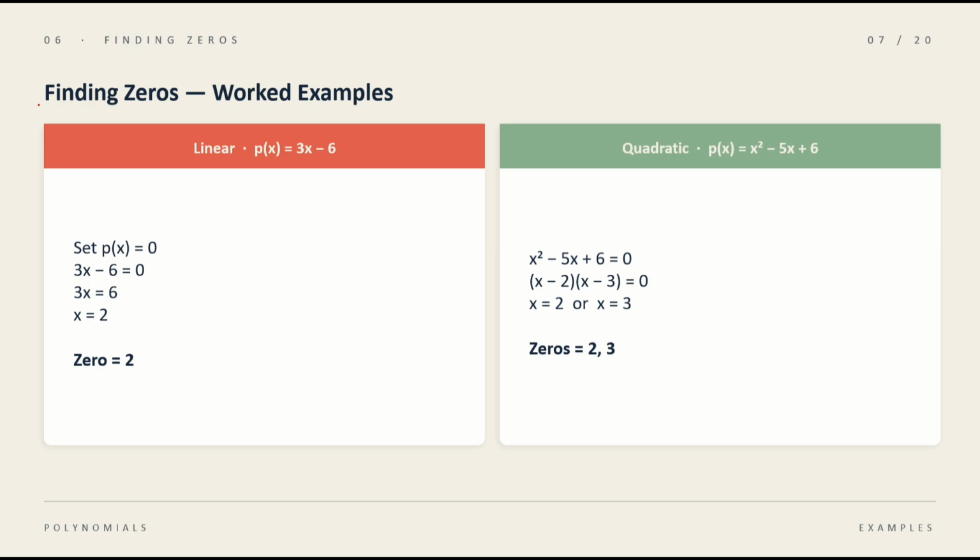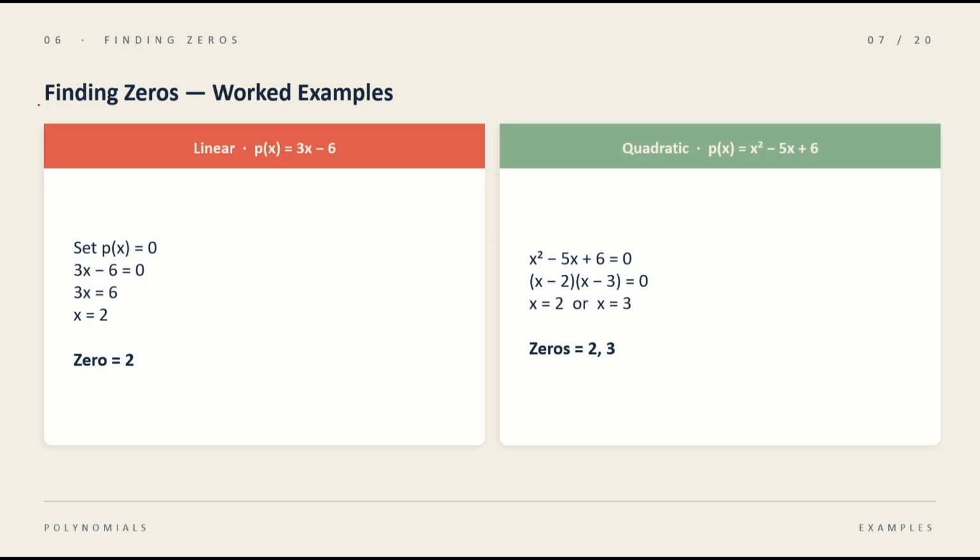The sum of the roots, 2 and 3, is equal to 5. By the formula, minus b by a is minus of minus 5 by 1, which is equal to 5. Both are equal, hence the relation is correct.